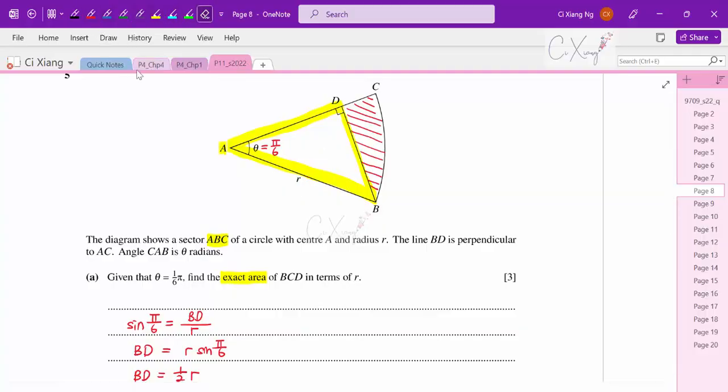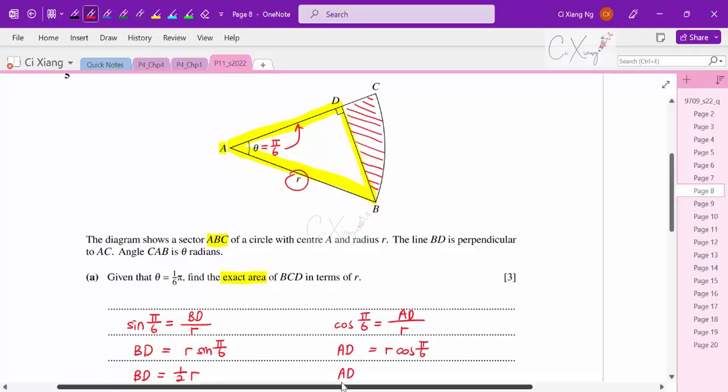For this, it will be cos pi over 6, because cos gives the adjacent length, which is AD, divided by the hypotenuse, which is R. So AD equals R cos pi over 6, and cos pi over 6 gives us square root 3 over 2 R.